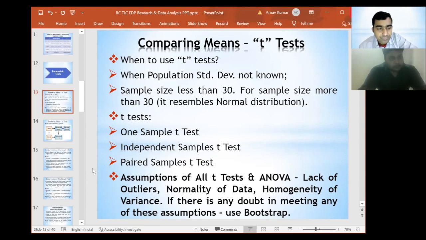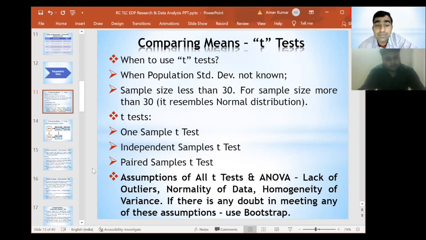So why do we say this? Why do we not use the Z distribution if the sample size is more than 30? It is because for sample sizes more than 30, the T and Z distribution, or the T and normal distribution, are almost mirror images of each other.